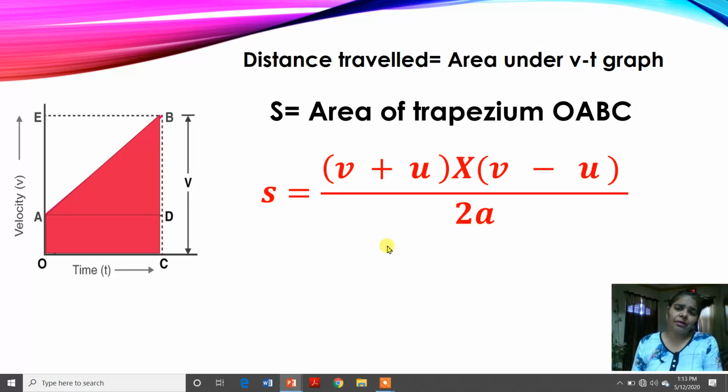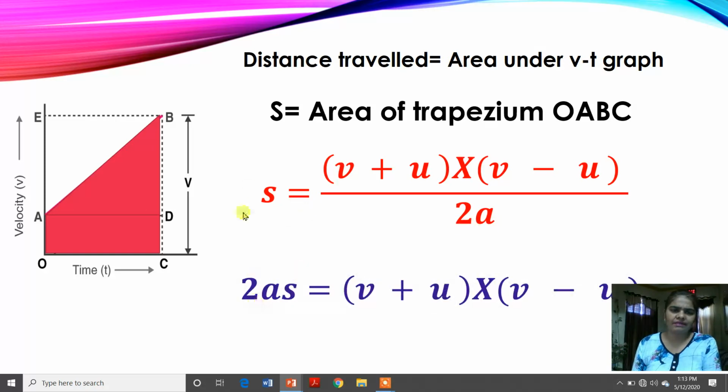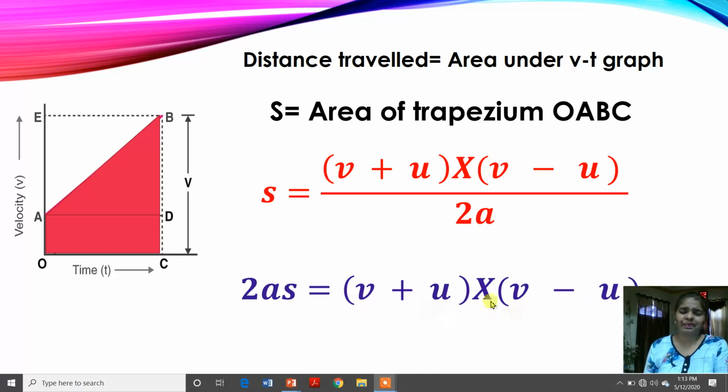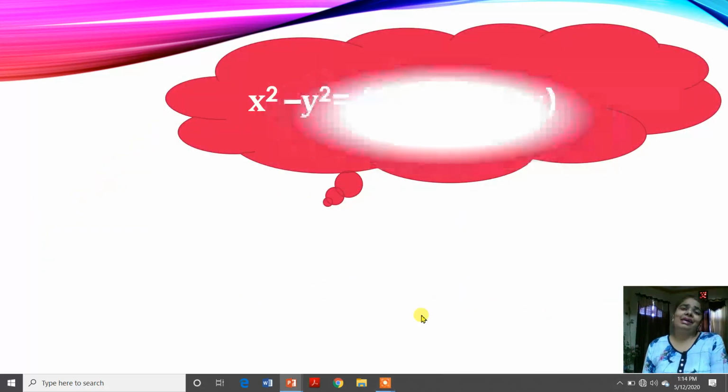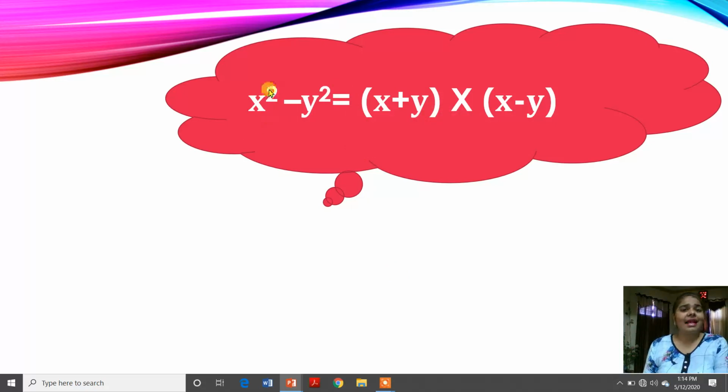Now, for further simplification, we take this 2a to the left side, and we get this. Here we are to use a mathematical identity. Is there any mathematical identity that we can use here? (v plus u) multiplied by (v minus u)? Yes? Think over it. Yes, it is: x square minus y square equals (x plus y) multiplied by (x minus y). Great.